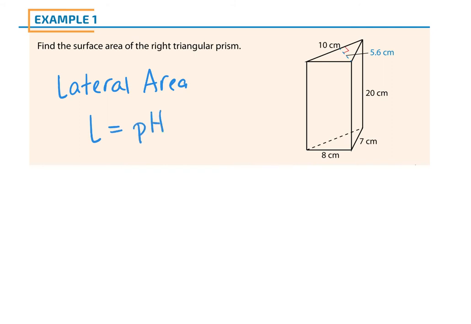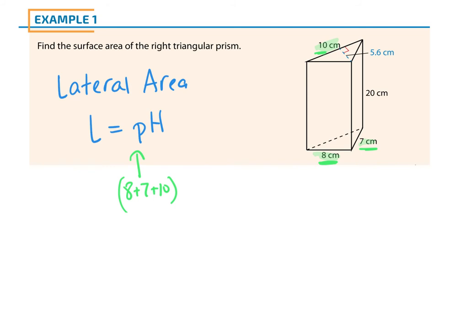You'll notice that they gave me two of them down here, 8 and 7. Your bases are going to be congruent. They gave me the third dimension, the third measurement up there. So if I wanted the perimeter of my base, my perimeter is just adding those three, 8 plus 7 plus 10. So my perimeter is 8 plus 7 plus 10.